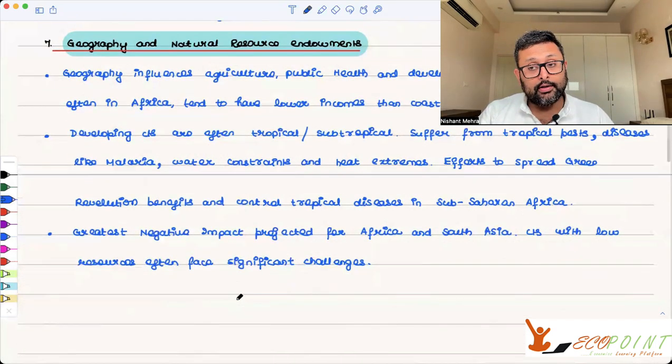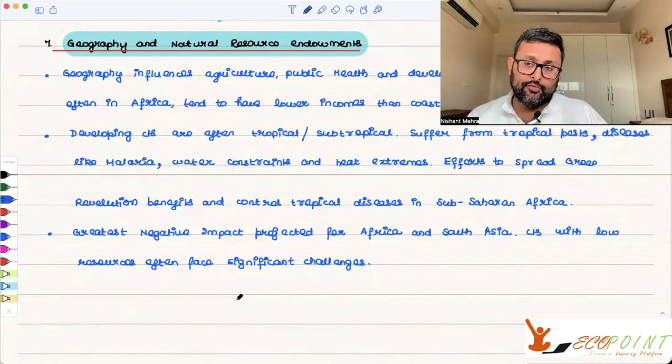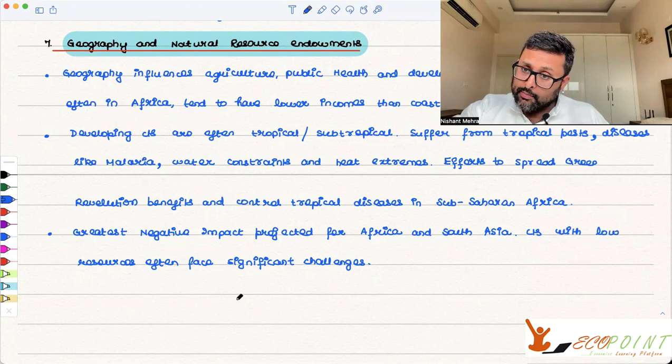So guys, you have to remember this, that the question will come: are these developing countries a homogeneous set of countries or a heterogeneous set of countries? So all of these are examples of common characteristics flowing through all of these countries. But again, there are differences among various developing countries also. And these are the different examples for each of them.